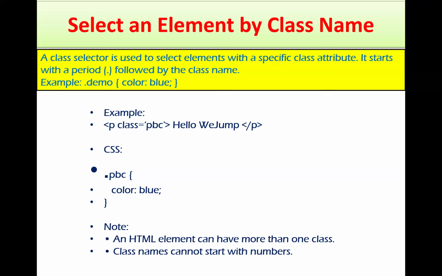For example, 1 PBC, 2 PBC, 3 PBC, we cannot write here. Instead, if you want to use numbers, write them after the characters. For example, PBC1, PBC2, like that we can write, no problem. Okay, this is the second one, select an element by class name. Now we have to move to the third one.